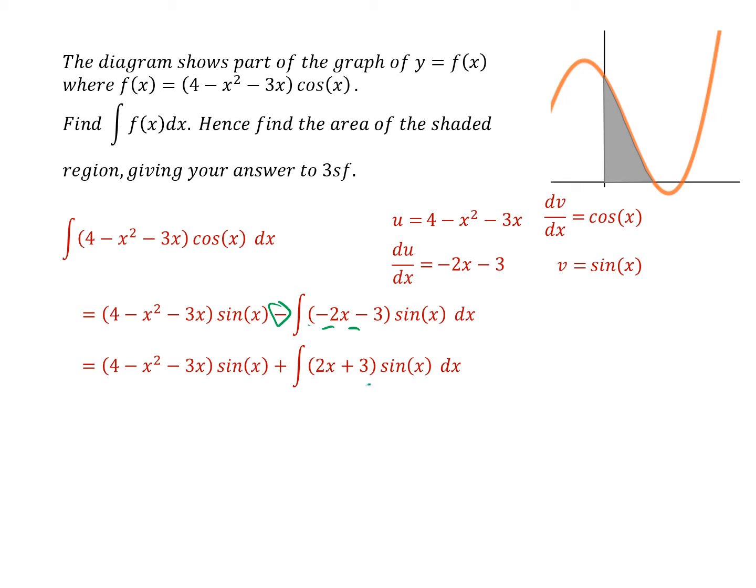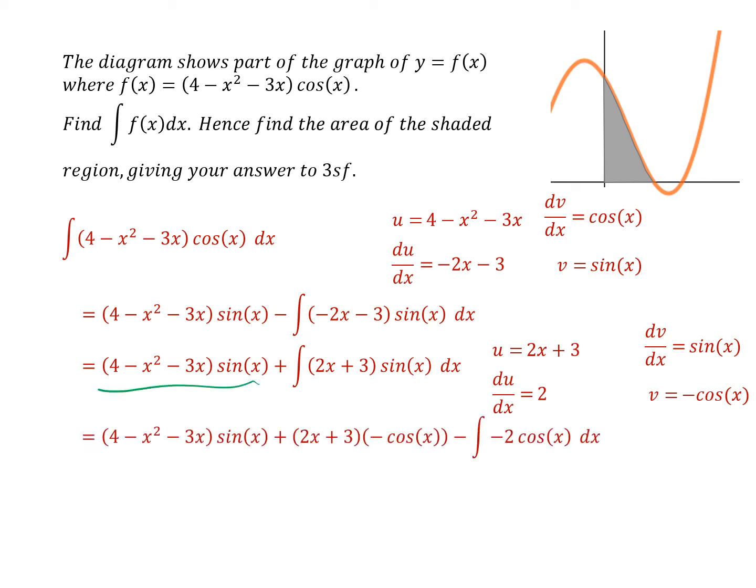So I'm going to make u equal 2x minus 3 again, the polynomial again, and dv dx equal the sine x. So then differentiating u, I get 2, and integrating dv dx, I get minus cos x. So popping that into the integration by parts formula again.